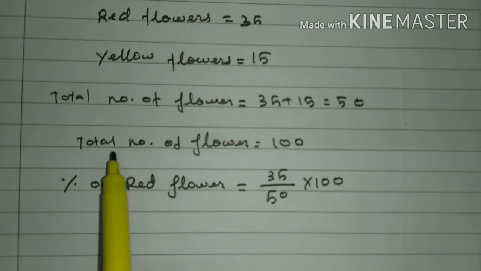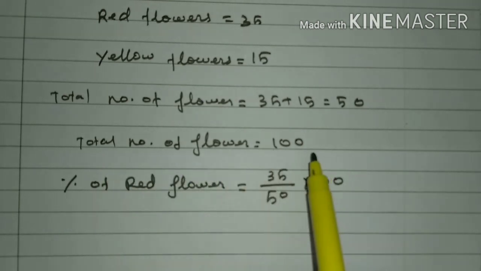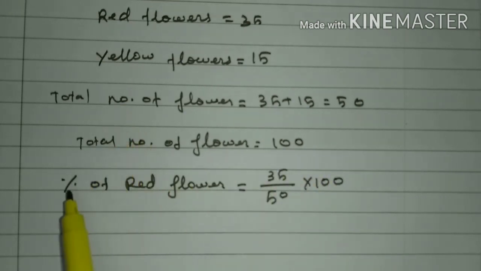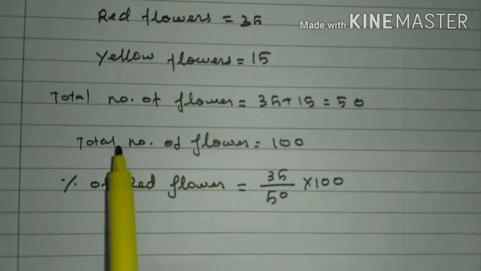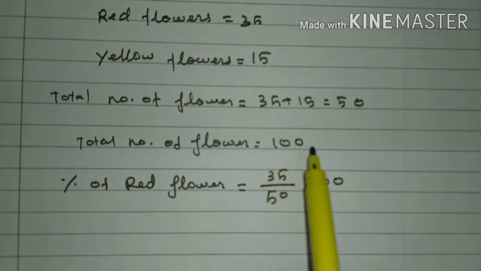Why are we taking the total number of flowers as 100? Because we are going to find out the percentage. We know the percentage is a part of a whole which is expressed in hundreds. That's why we are assuming the total number of flowers is 100.